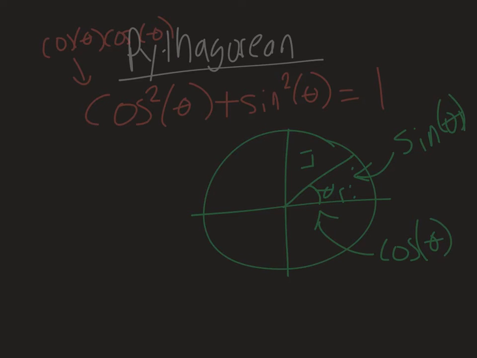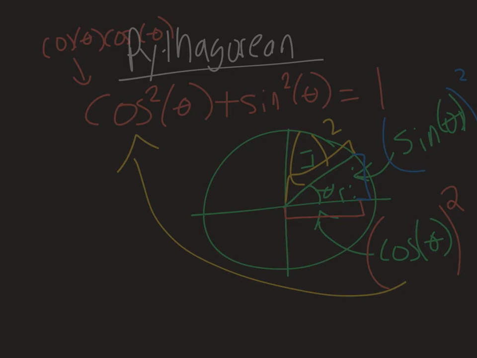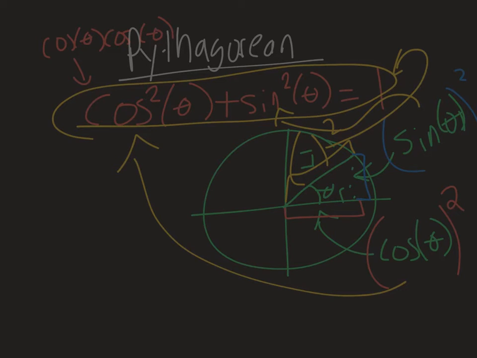Now, if we think about the Pythagorean theorem, if I take the cosine squared, which is this side, and the sine squared, which is this side, that's got to be equal to 1 squared, which is the hypotenuse of my right triangle, which is just 1. So there's your cosine squared, there's your sine squared, and 1 squared is just 1. That's where that 1 comes from. This is a very powerful result, and we'll talk in a little bit about how we can use it to simplify trigonometric expressions or even solve trigonometric equations.